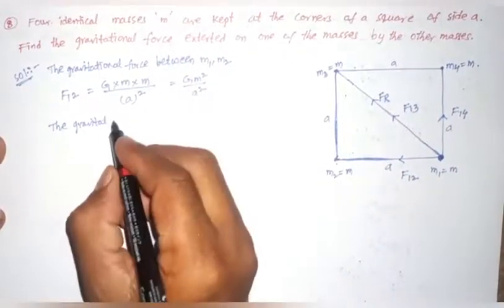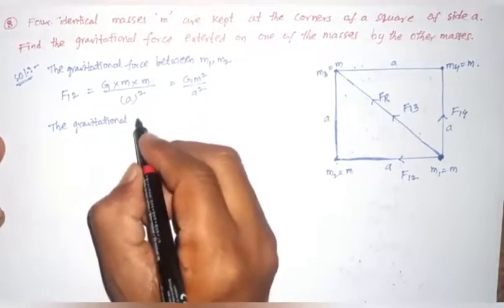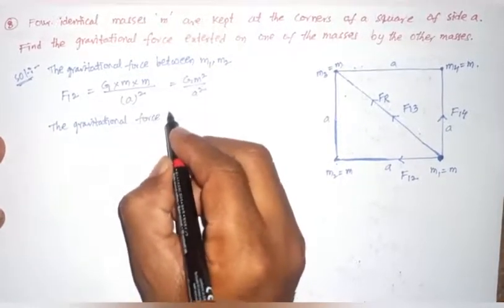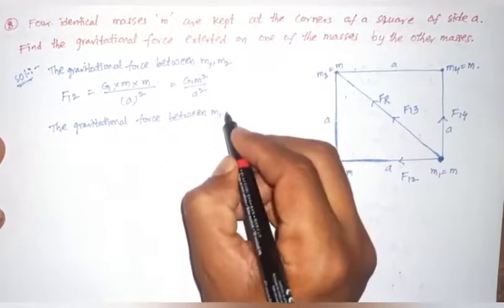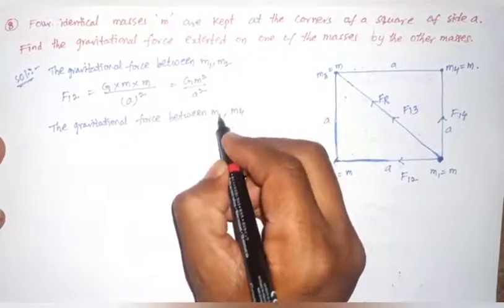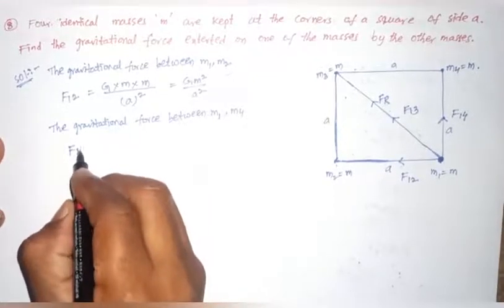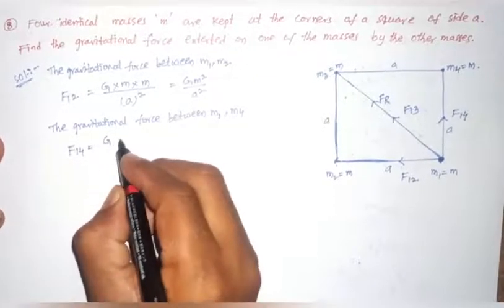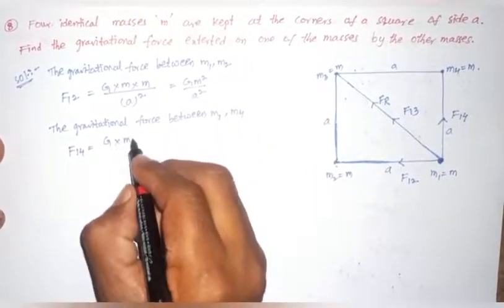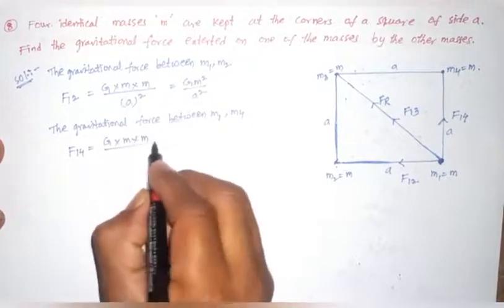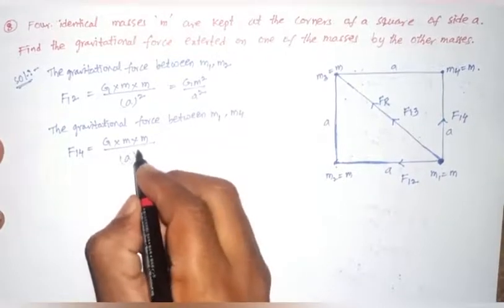The gravitational force between m1 and m4, that is F14 equals G m1 m4, where m1 equals m and m4 equals m, divided by the distance between m1 and m4, which is a squared.